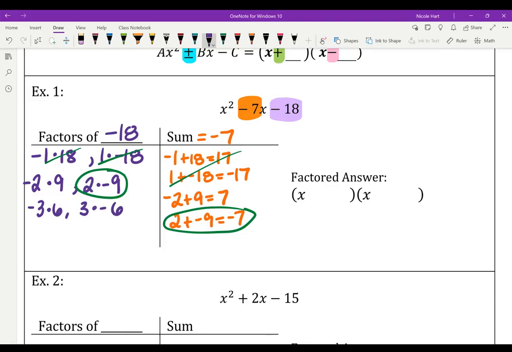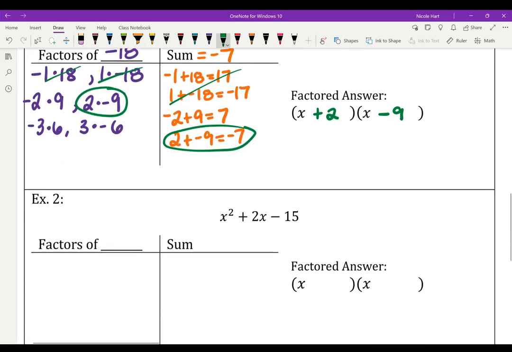So that could have also worked as well. But we found 2 and -9. So our answer is going to say x plus 2 and x minus 9. Okay.